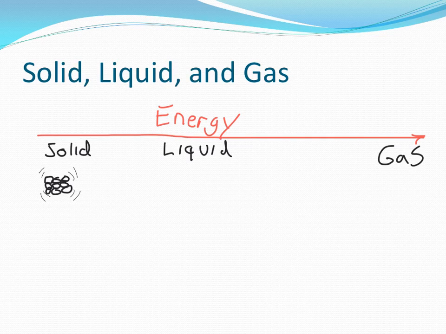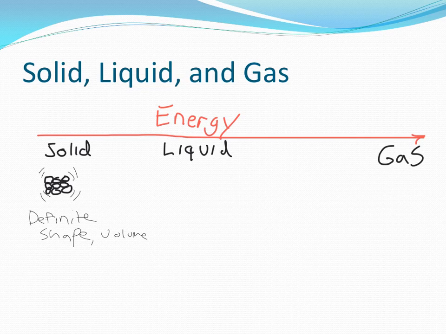So therefore, if you think about a solid, you'll probably say that it has a definite shape and a definite volume. This means that you can't compress them a whole lot.